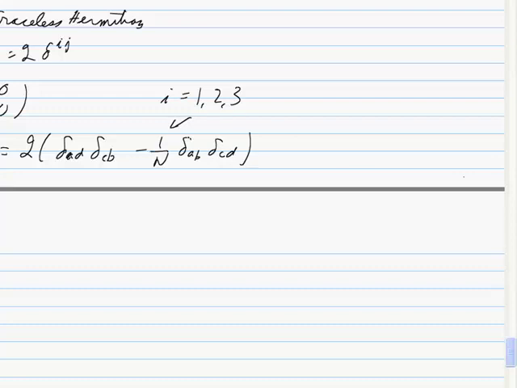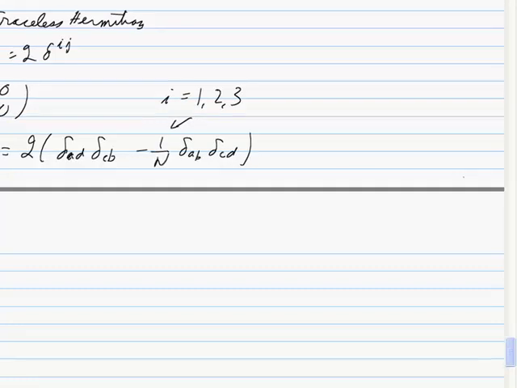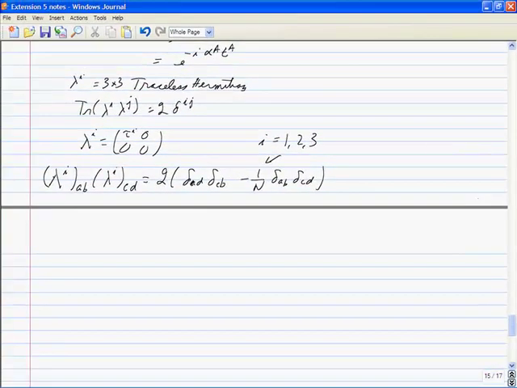The only change there is the 1 over n, and that preserves the tracelessness. If I sum over delta ab here, that should be traceless, and that keeps this side traceless.